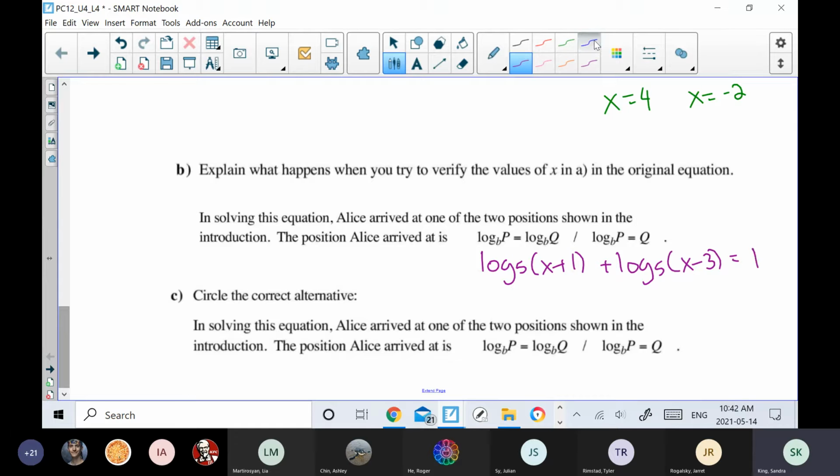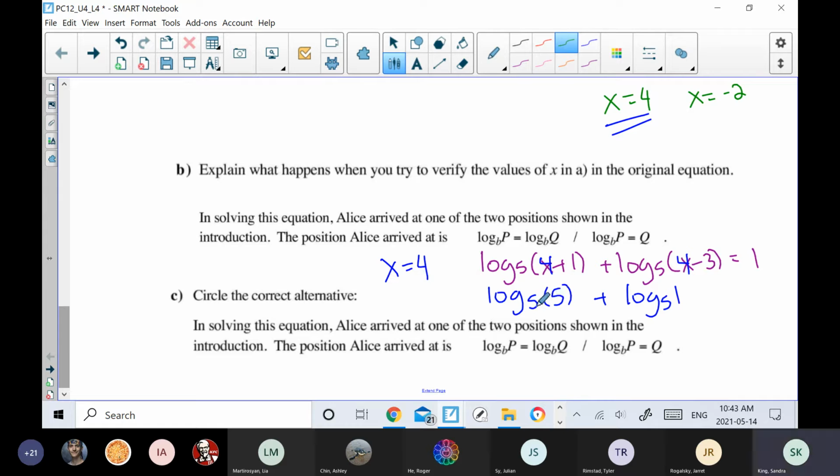When we verify, we always verify the original equation. I'm going to verify that my answer is x is equal to 4. So whenever I see an x, I'm going to put a 4 here. This would be the log base 5 of 5 plus the log base 5 of 4 minus 3 is 1.